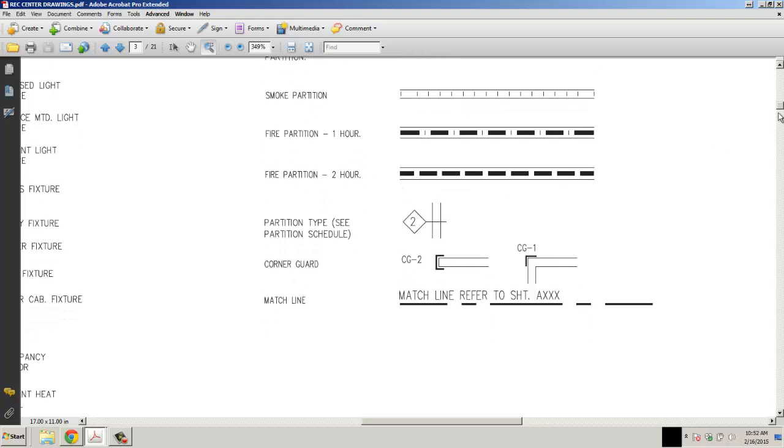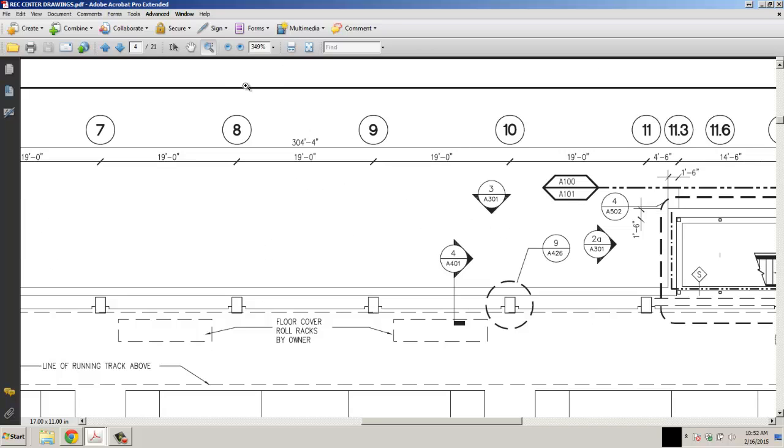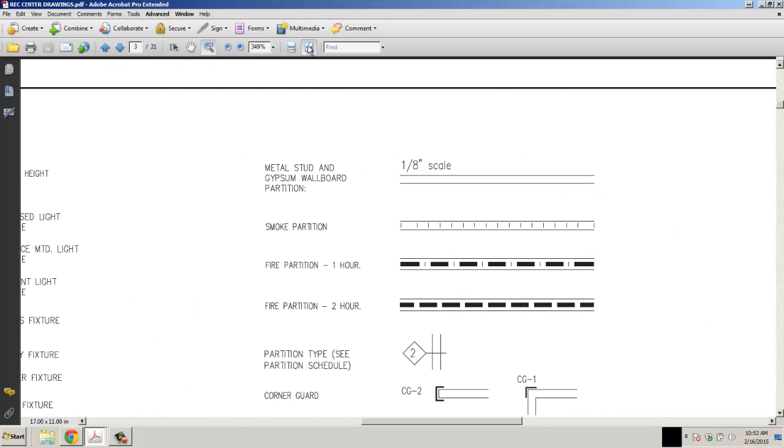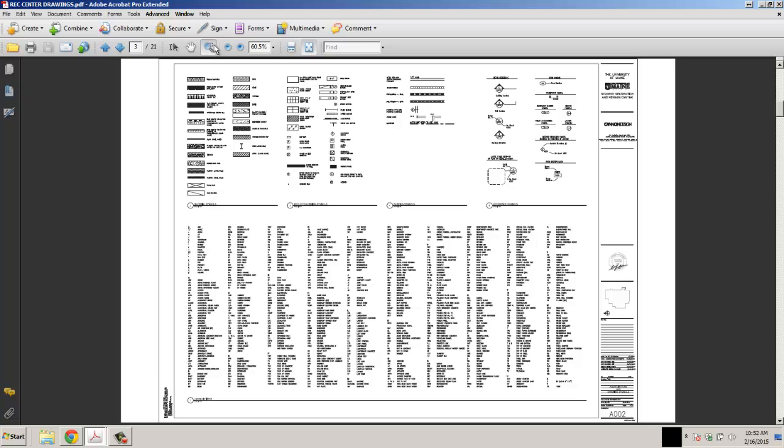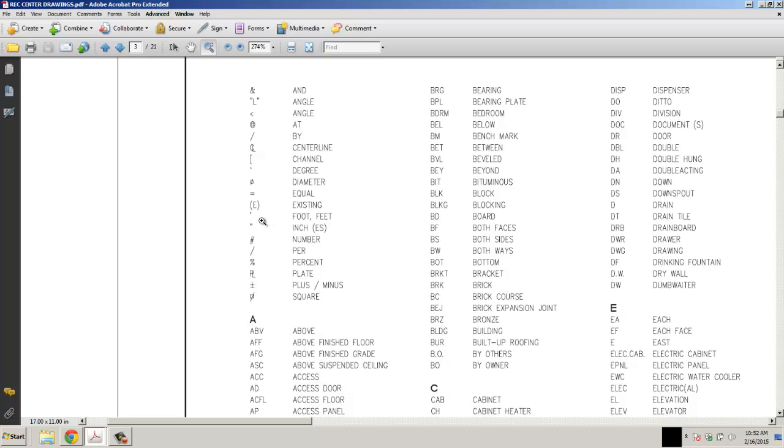If we move down, we have some information here on abbreviations. And if you see something in the drawings that you don't understand what the abbreviation means, for instance, DT for drain tile, you'll only see these designations in one type, so they're listed on the cover sheet, so they won't be confused.